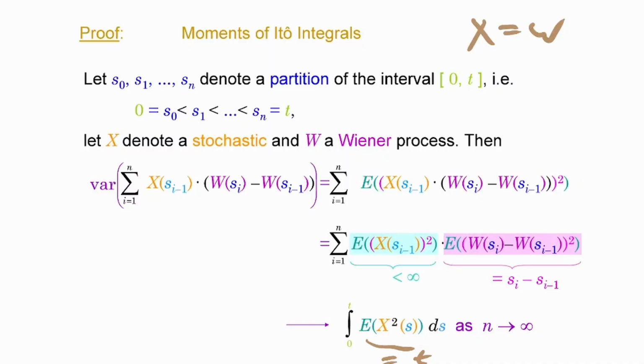I was making a mistake, because you have it at point s. If X is the Wiener process itself, the expectation of the square of the Wiener process is its variance, and the variance of the Wiener process is always the time point at which it is looked at. All right, so then that integral would be 1/2 times t squared after all, which confirms the variance of the Itô integral.